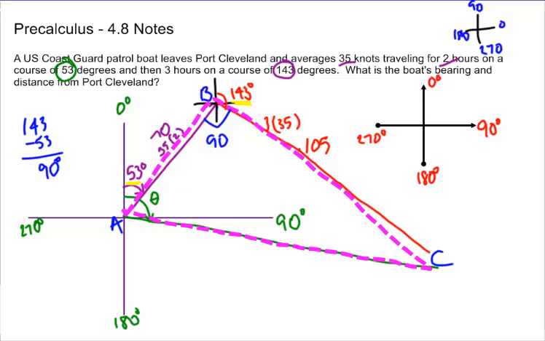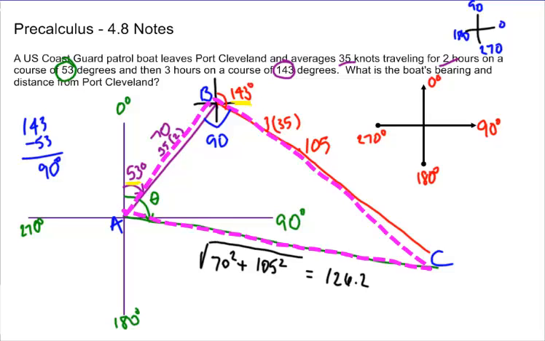How can I find the distance from Port Cleveland, from A to C? This distance down here is the hypotenuse of a right triangle. So I can just do the square root of 70 squared plus 105 squared. What is that going to be?